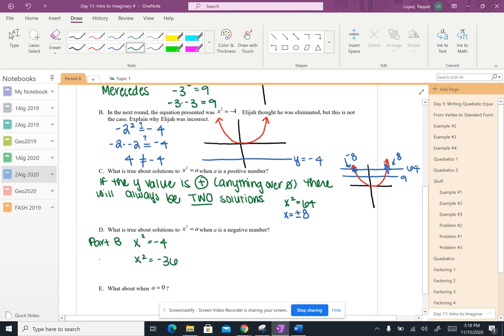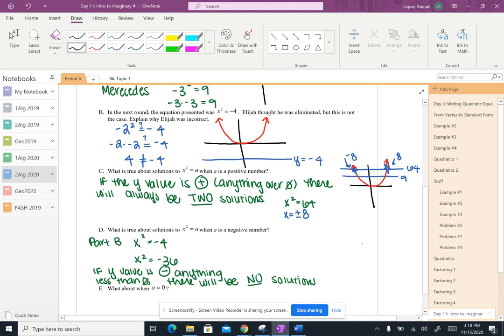So here, if the y value is negative, and I'm just going to put a minus sign and circle it, or anything less than 0, there will be no solutions.